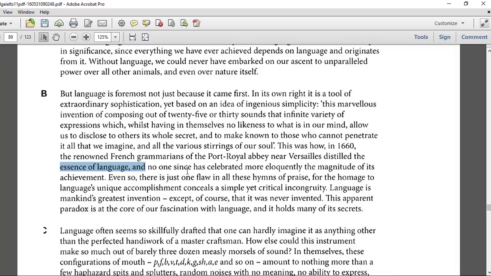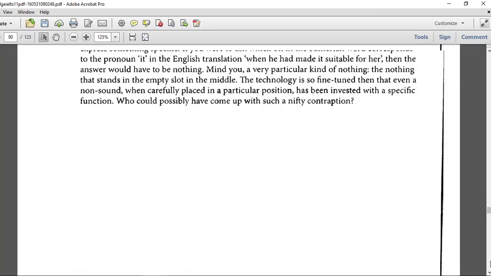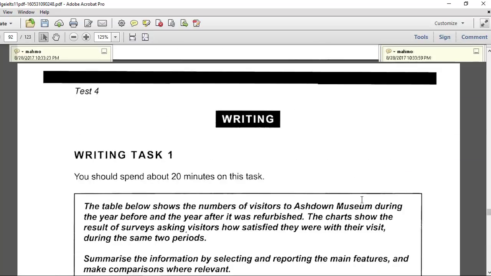Yes, and no one has celebrated more eloquently the achievement, the homage of language, its unique accomplishment. Okay, so these people respected language, they celebrated language, they paid homage to language. So they were fair, they were just.